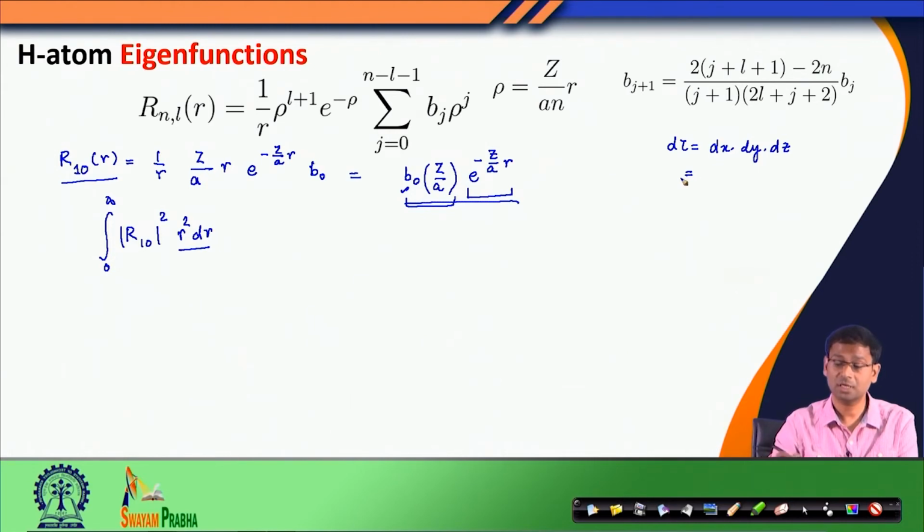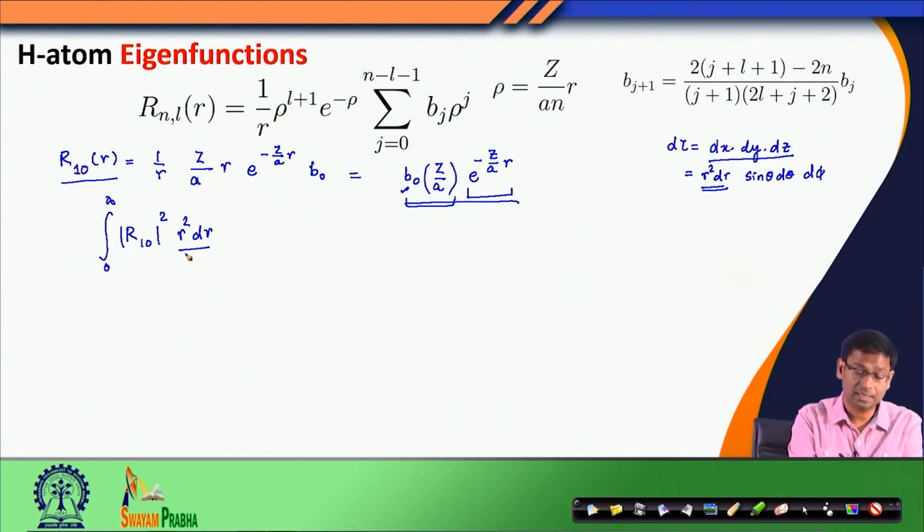But when we came to spherical coordinates, this dx, dy, dz converted into r square dr sin theta d theta and d phi. So, when I am integrating a radial function, my volume integral is not dr alone, rather it is r square dr.